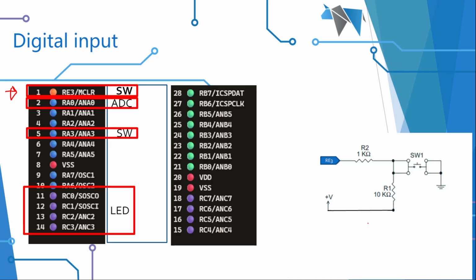So it has a current limiting resistor of 1K, and then a pull-up to 5 volts on the 10K, that's the 1K and the 10K. So whenever I push that switch, it will ground. It will go to 0 and it will reset the chip and hold it in reset whilst you keep it grounded. And there are some real good uses for that, but I'll let you discover those uses.